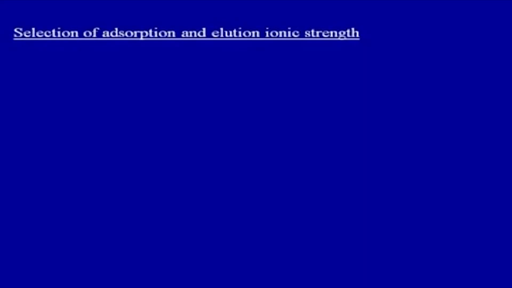Now, selection of adsorption and elution ionic strengths, like I said, needs to be standardized, and one has to go through the experiment to do that. Some guidelines on the adsorption step: the highest ionic strength which will allow protein binding is used, while on the elution step the lowest ionic strength is recommended.